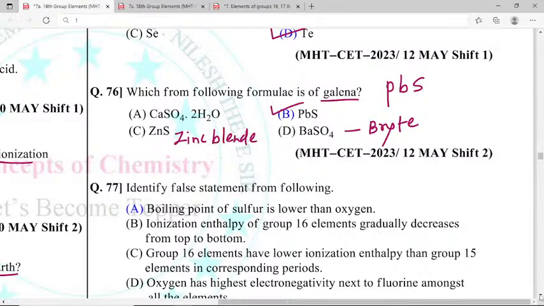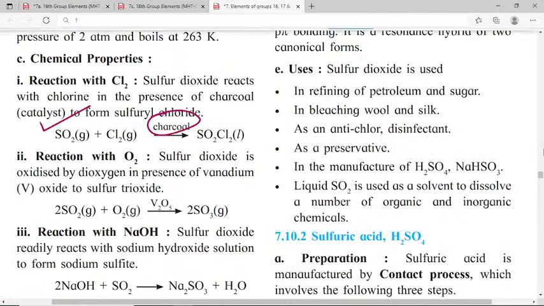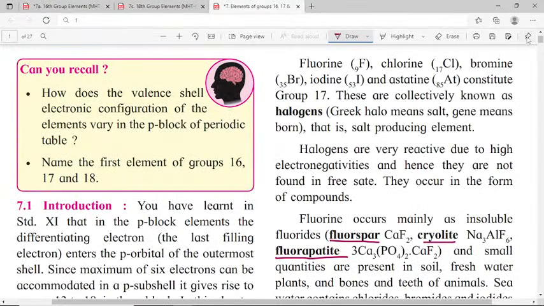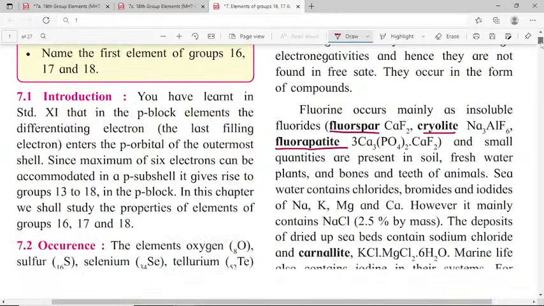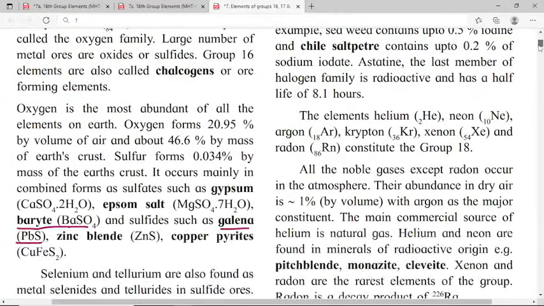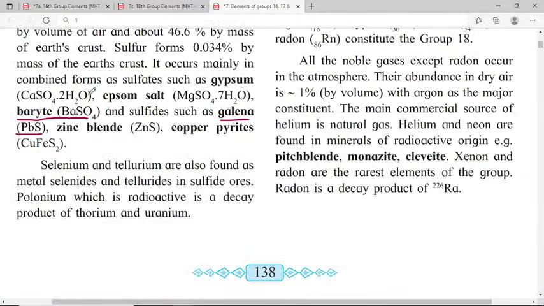Calcium sulfate is gypsum. Magnesium sulfate is Epsom salt. Please mention in your textbook: gypsum or Epsom salt. Calcium sulfate, gypsum.